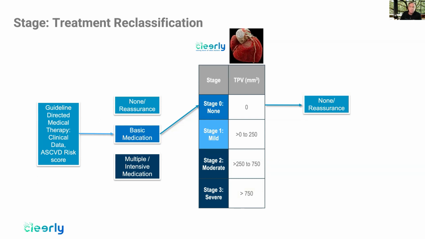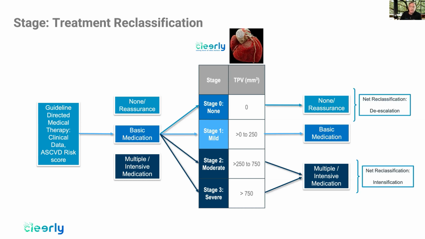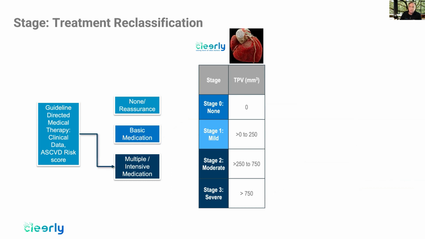That would be an individual decision for the patient and the referrer. Of course, they may line up quite nicely with what the guidelines are showing. And there may also be more advanced disease than basic medication would handle, in which case there may be a net intensification.